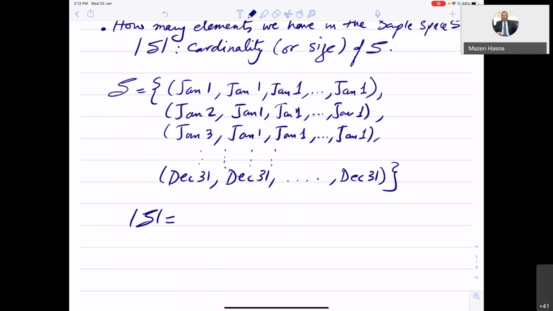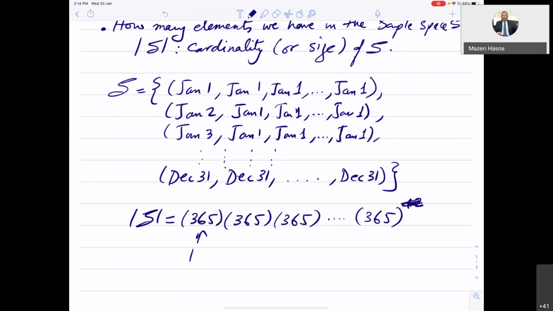So I started with the first student until you reach December 31st, and then you go to the second student, and so you get all possibilities. That's why when you want to count how many you will have, you'll have 365 options for the first student, and then 365 options for the second student, and 365 ways for the third student, all the way to 365 days for the 42nd student.